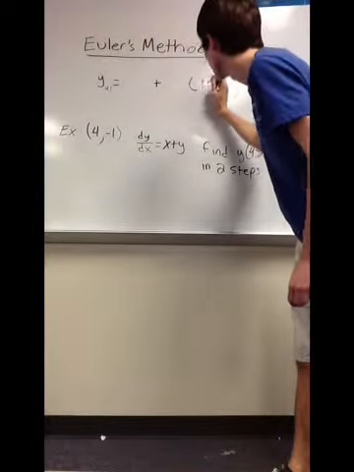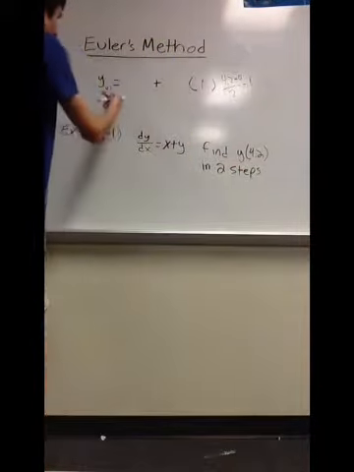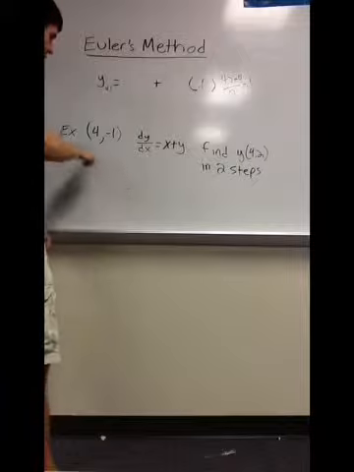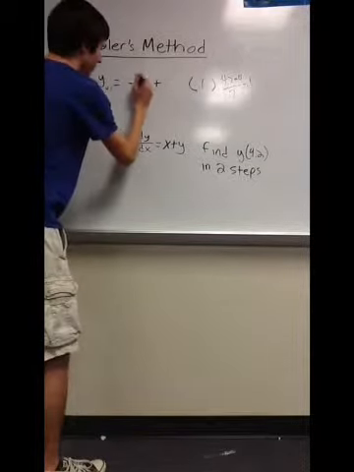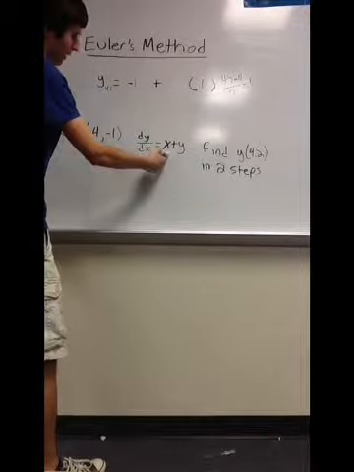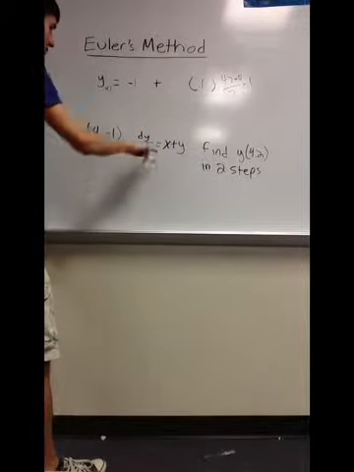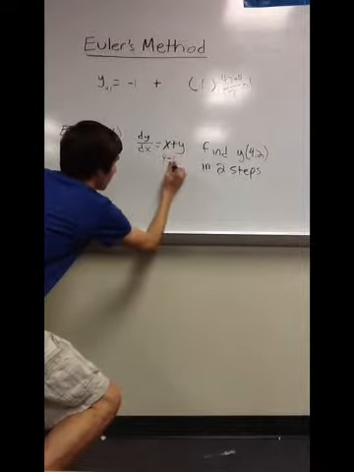So you can just plug that into the equation. When we're solving for y of 4.1, you plug in our original y value, which is negative 1, and then we have to plug in our original slope value. You can solve for that by just plugging in the ordered pair. So that becomes 4 minus 1, which is equal to 3.